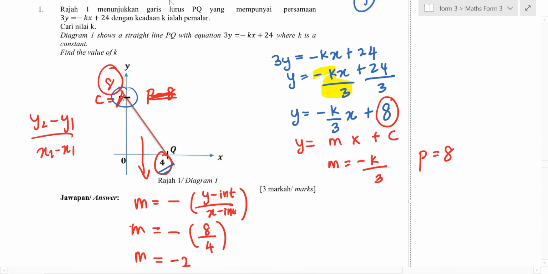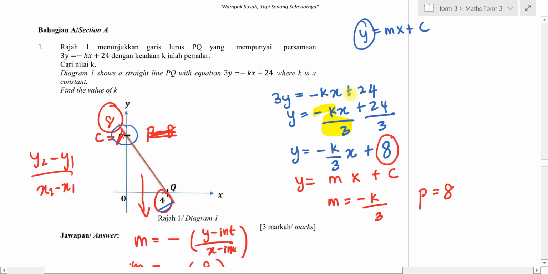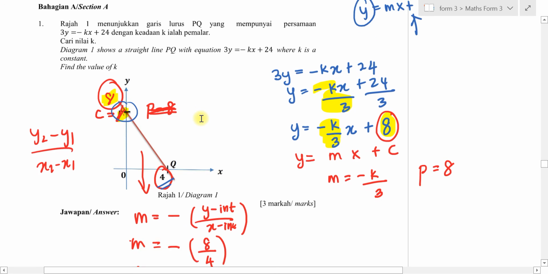Okay, I explain one more time. Listen carefully. First I get the equation: 3y equal to negative kx plus 24. We always want to change it into the form y equal to mx plus c, so that we know this is our gradient and this is our y-intercept. The y-intercept is 8, which means P is 8.